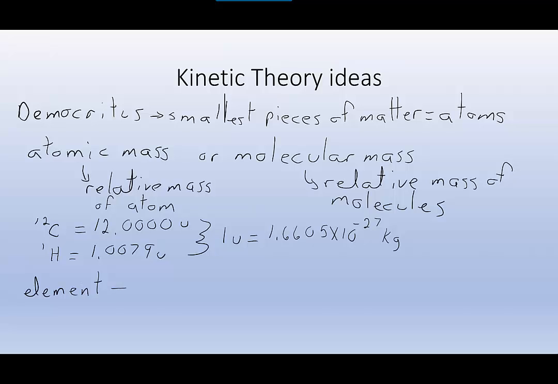But really, when we look at it, the smallest portion of an element we can have is an atom. However, if we're talking about getting down to molecular mass, we're no longer talking about just an atom. We are talking about the smallest unit of a compound.